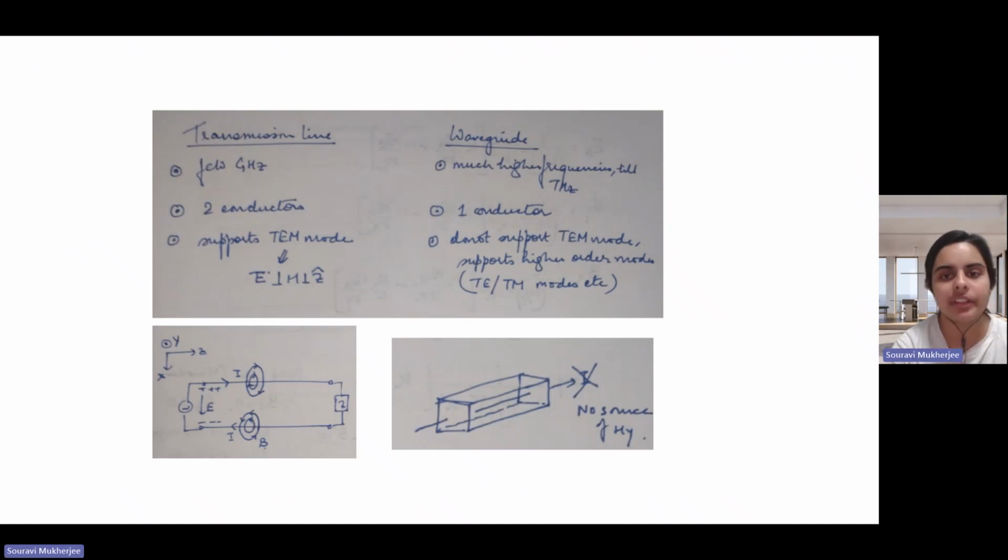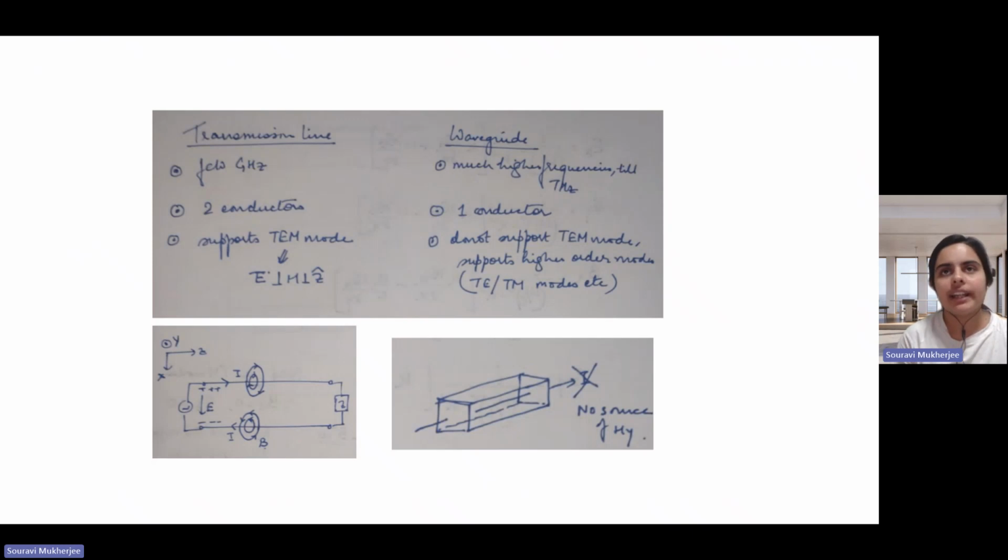But what we saw is that waveguides, in general, if the waveguide consists of one conductor, which you can consider to be a hollow conductor through which you are transmitting your signal, do not support TEM modes. Okay, so it supports either TE or TM modes, transverse electric or transverse magnetic modes.